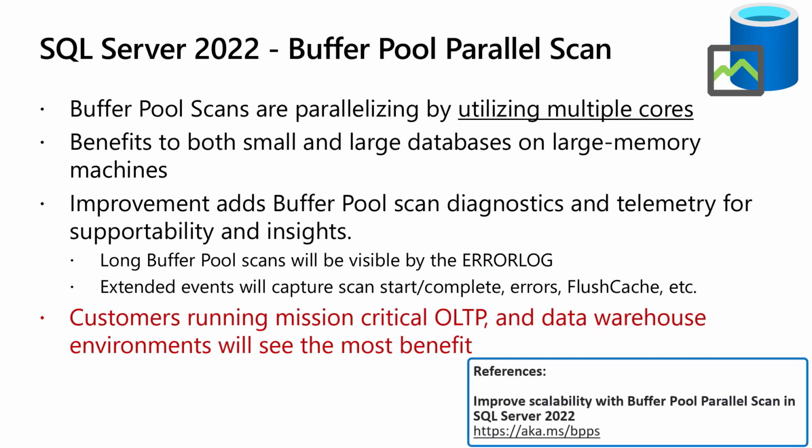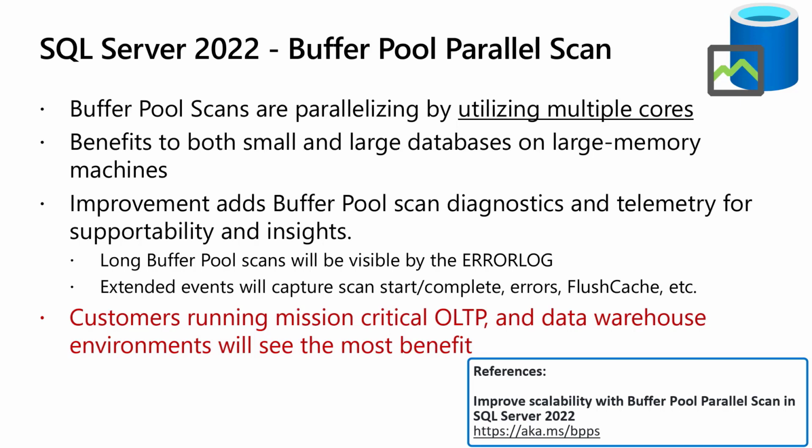In SQL Server 2022, the buffer pool parallel scan feature improves the performance of buffer pool scan operations on large memory machines by utilizing multiple CPU cores. Customers running SQL Server 2022 may see up to a 20 times improvement in executions which were previously slower due to serialized buffer pool scans.